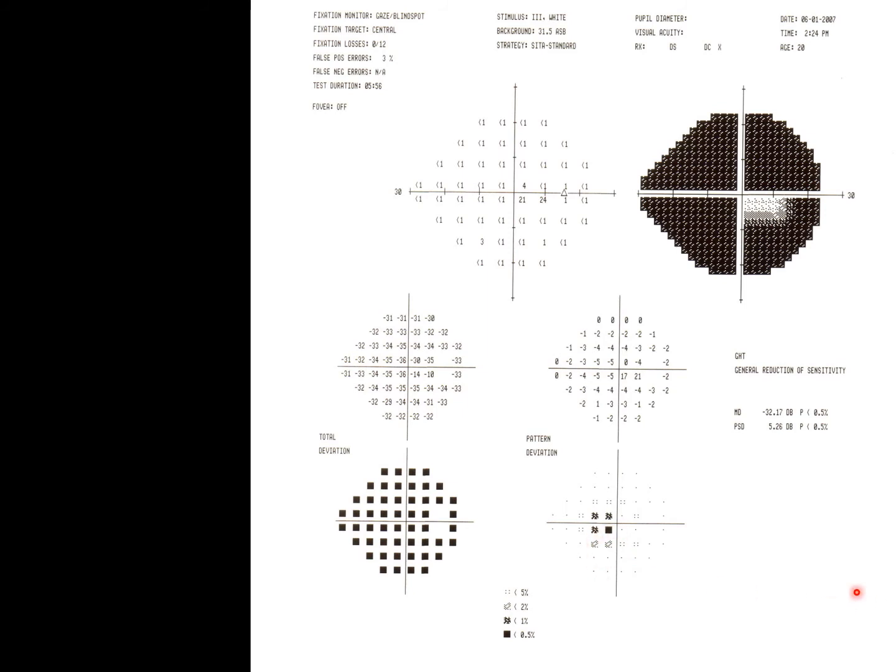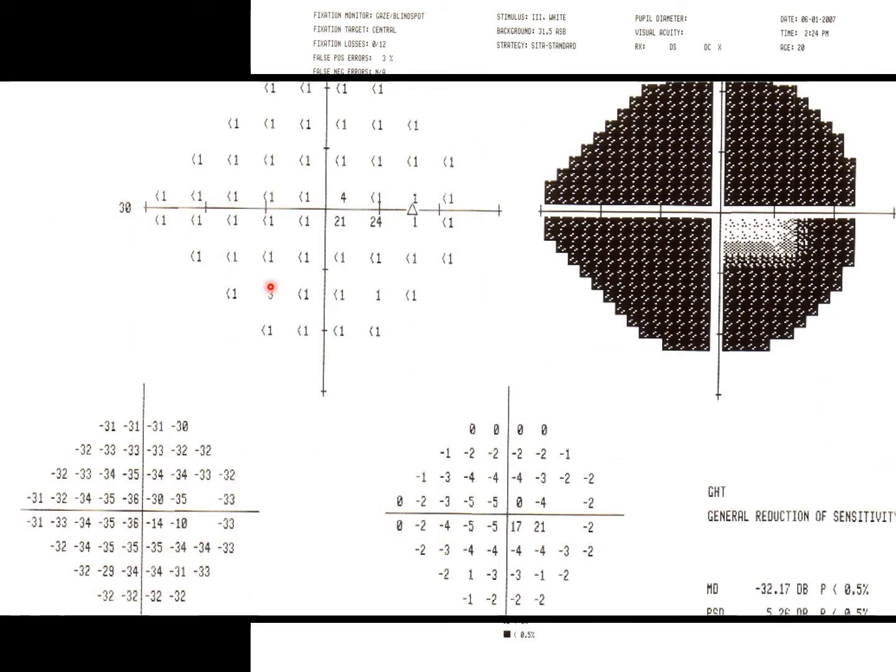But actually, this patient is a young patient, in her 20s. She had clear media, and at the same time it was an end stage of glaucoma with marked loss of sensitivity all over. As you can see here, most of the values are 0 except for a couple of values here. We have only 2-3 points, and everything is in the range of 1 or 3 or something.